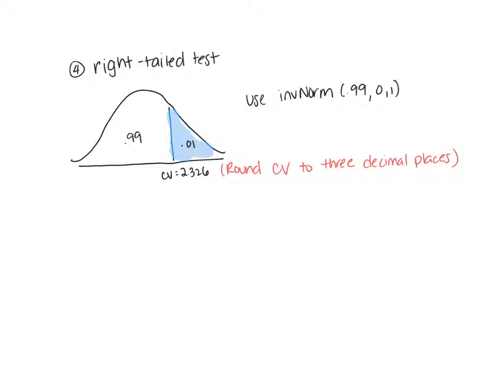The test statistic was 0.65. If we think about this normal curve, it's centered at 0. So 0.65 is to the right of 0, but less than 2.326, so somewhere around here, which is not inside of that blue shaded region, which represents my rejection region. Since it's outside, our decision is fail to reject the null. Our conclusion, there is not enough evidence that more than 1.9% of Lipitor users experience flu-like symptoms.